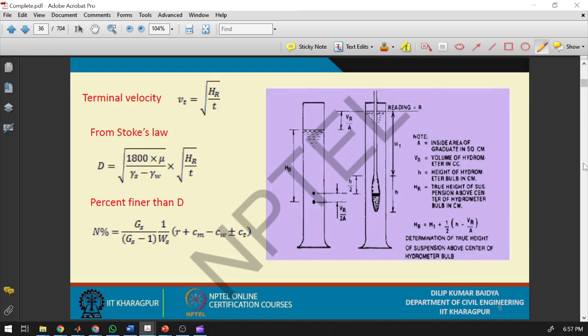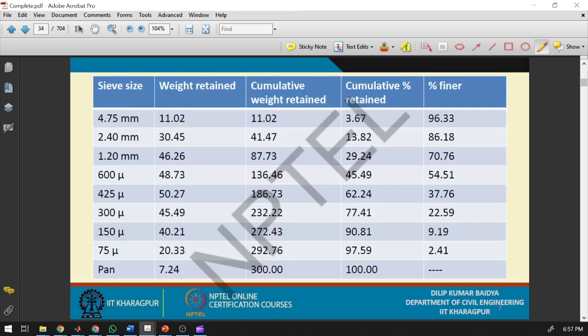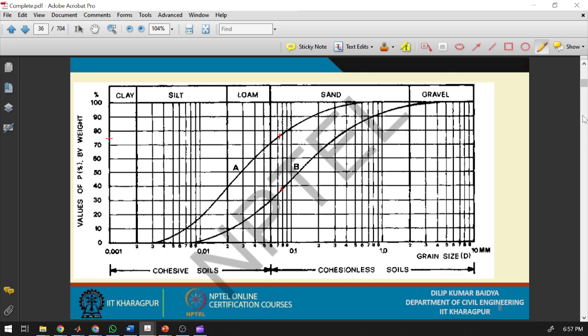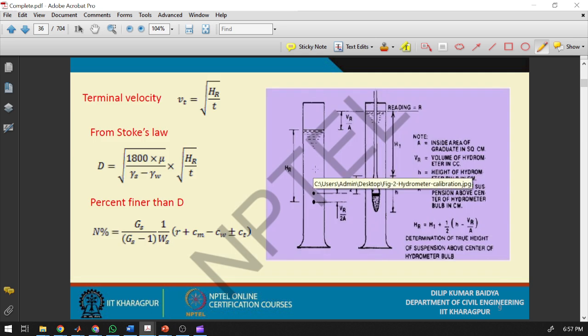Okay. So that was about the sieve analysis we do for particles greater than 75 micron. But what about particles less than 75 micron? For these, we can't do that. There are some ultra micro sieves that can go up to, I think, 2 micron, something like that.